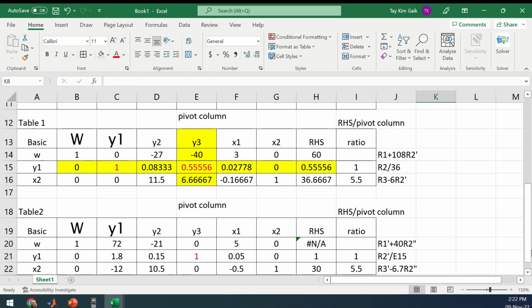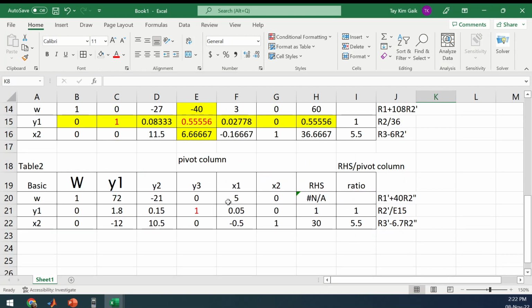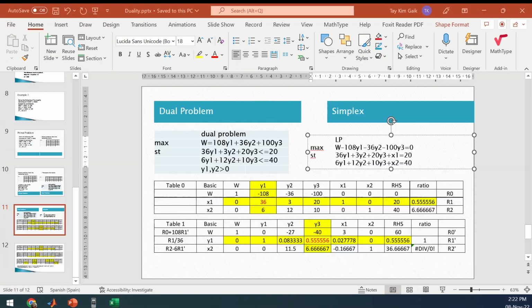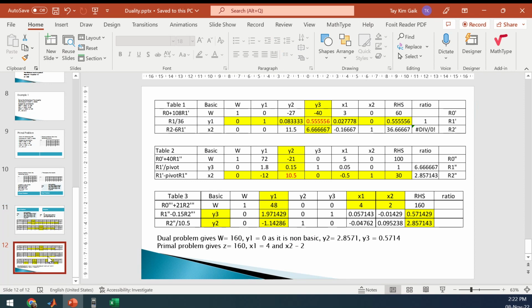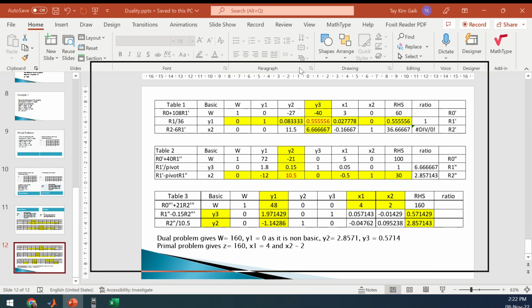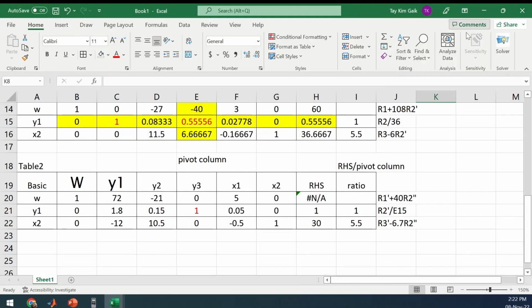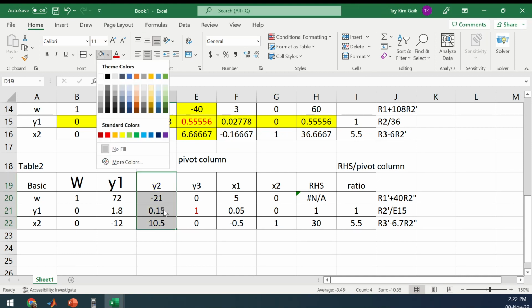So now, check it. Okay. Right. So now, after table 2, we still have the negative column. So we still need to repeat the process.